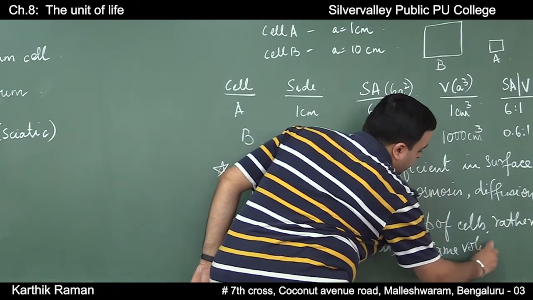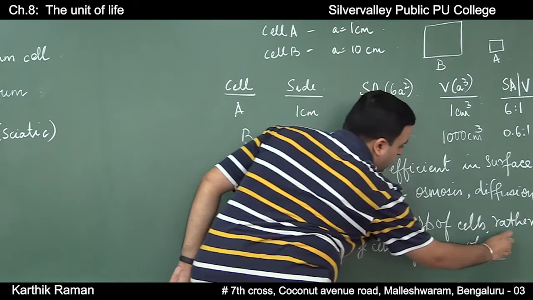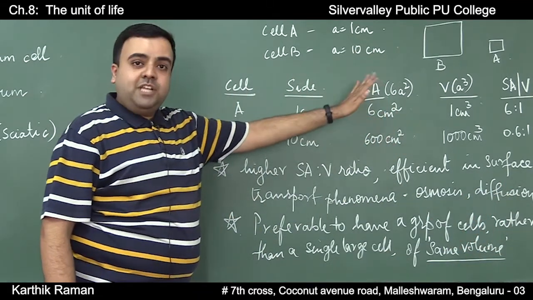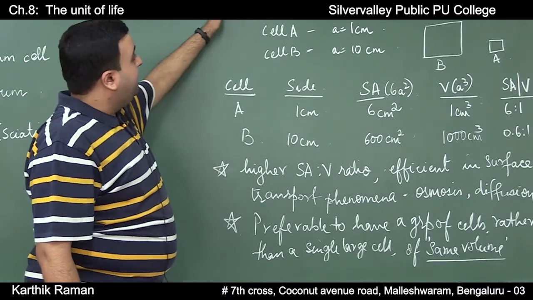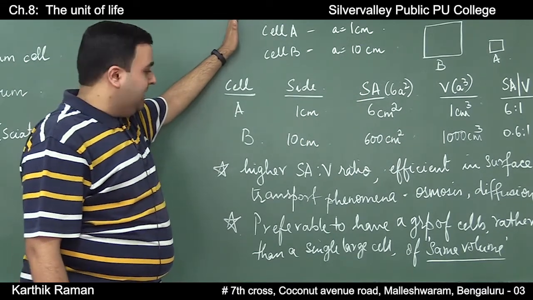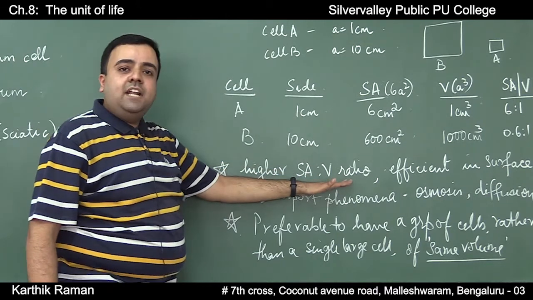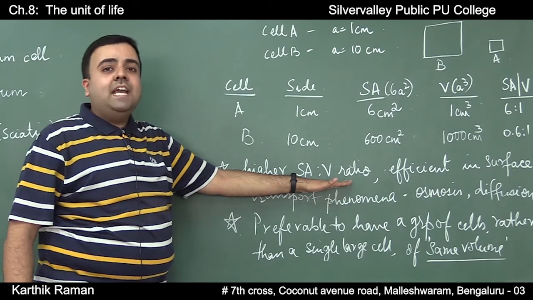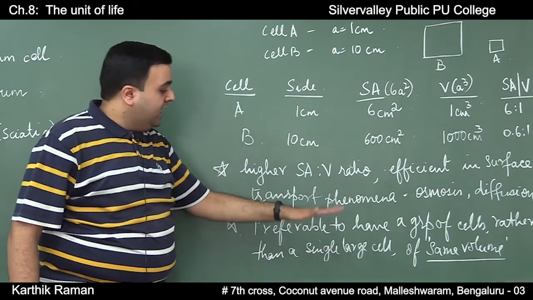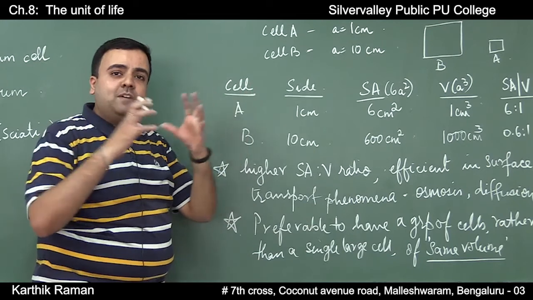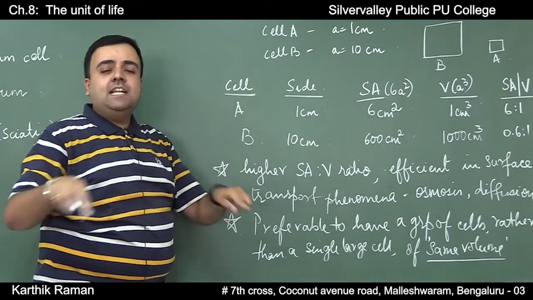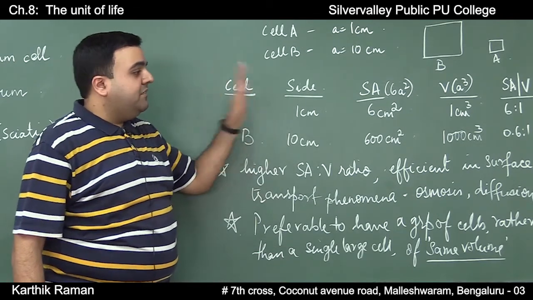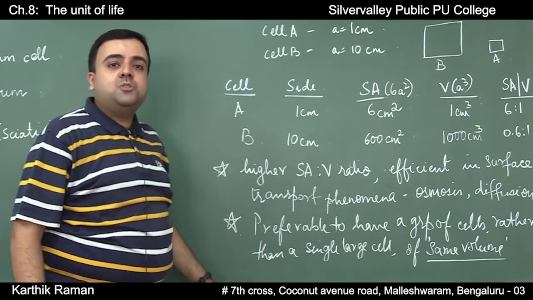That is very important, because if the volumes are different, then obviously the ratios are going to change. So from this surface area to volume concept, what we understand is, the higher the SA to V ratio, the better the efficiency, and therefore the cell is going to have enhanced function. It's always preferred to have a group of cells rather than a single large cell. Both should be of the same volume. So with this, we are going to complete the attributes of the cell.